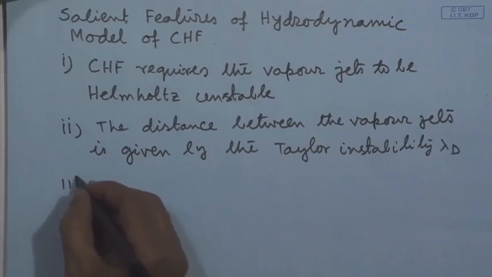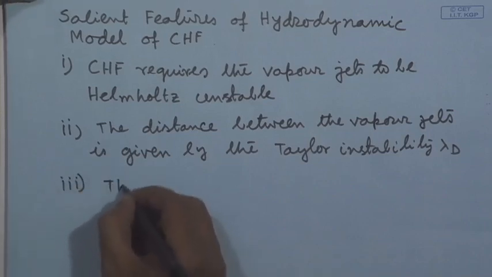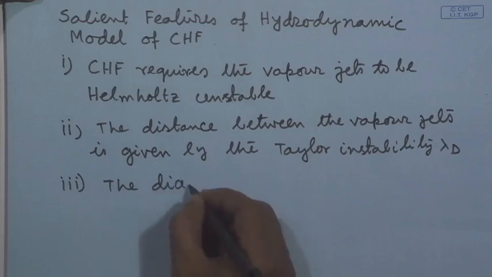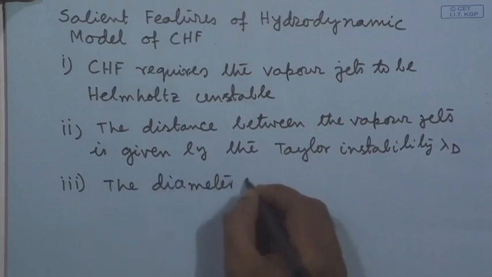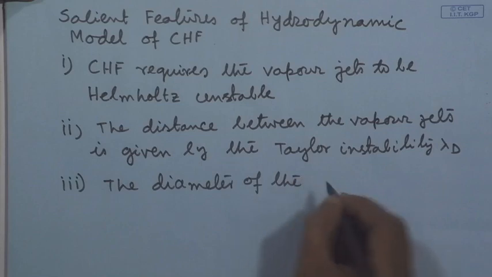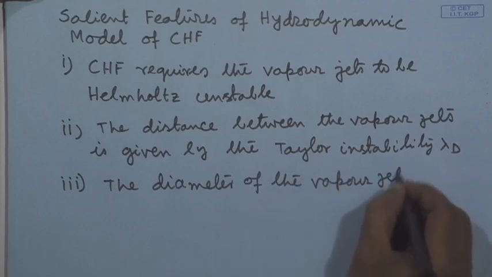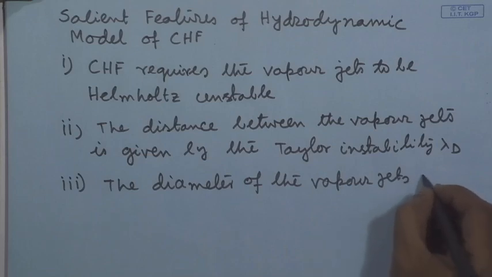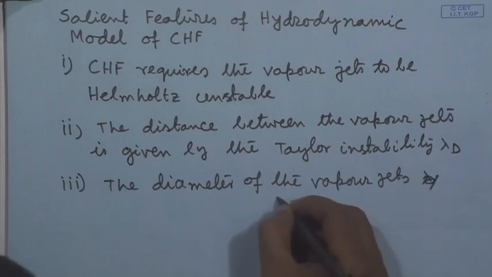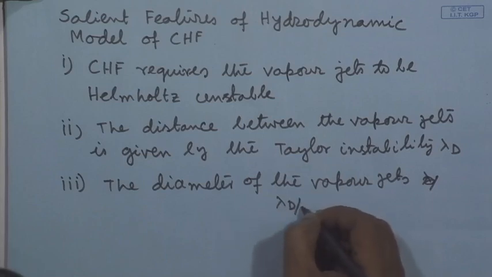Third, the diameter of the vapor jet is lambda d by 2.